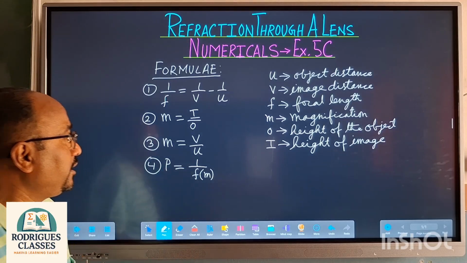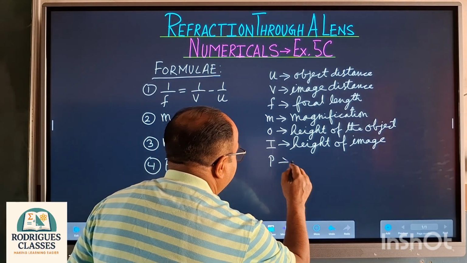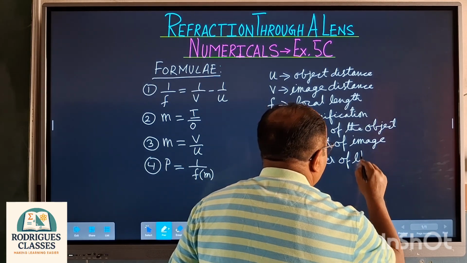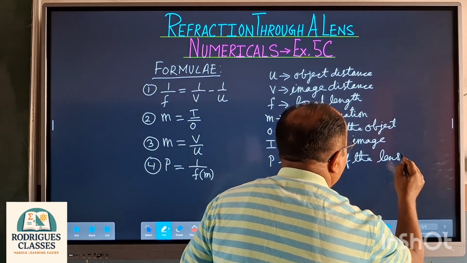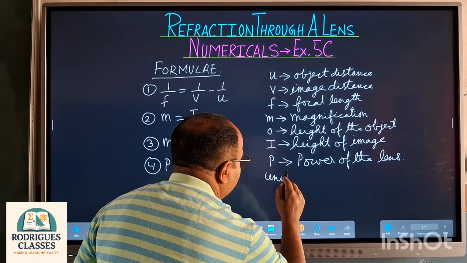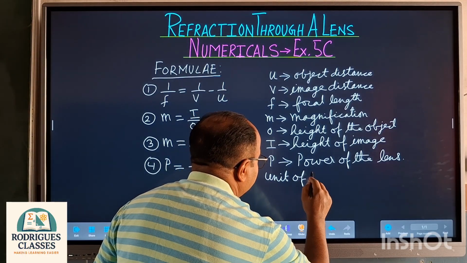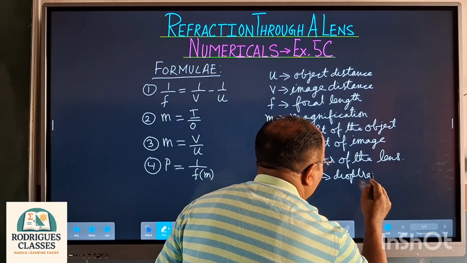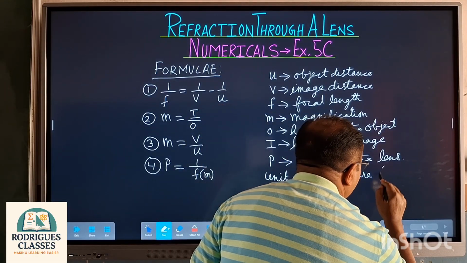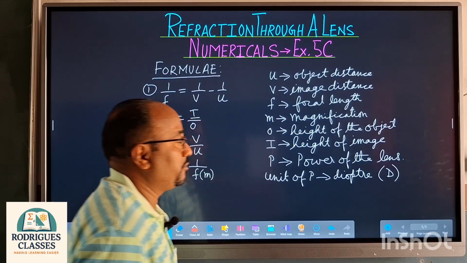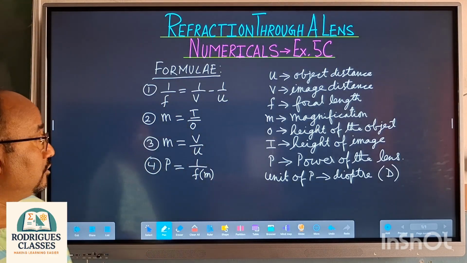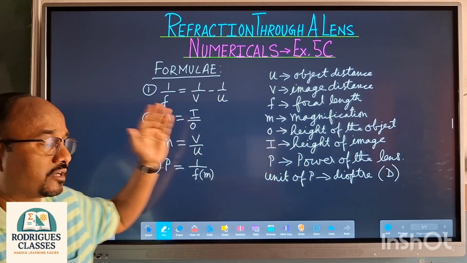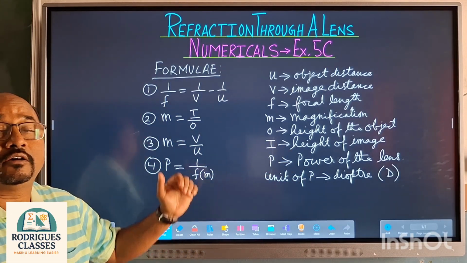And the unit of power: first of all I will write here, P stands for power of the lens, and the unit of P in full spelling is dioptre, diopter, but when you are writing the symbol it is written with a capital D. So for doing the numericals you will require all these formulas. Kindly take note of them.